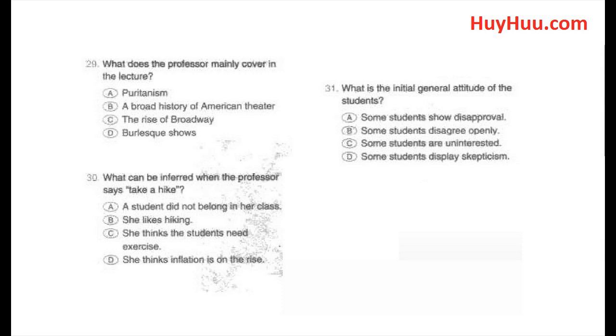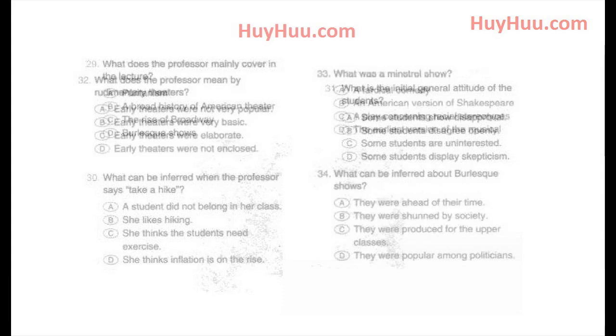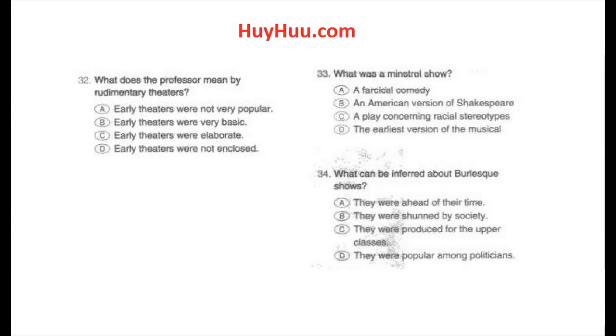29. What does the professor mainly cover in the lecture? 30. What can be inferred when the professor says, take a hike? 31. What is the initial general attitude of the students? 32.